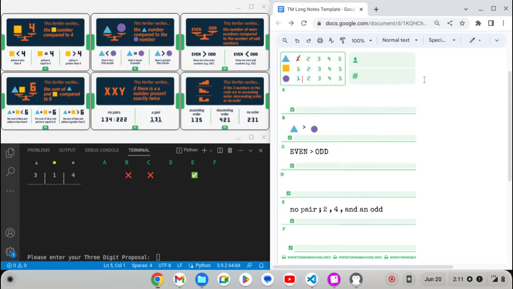And similarly, circle can't be 5. If 5 is the biggest, well, there's nothing bigger than 5 that triangle could be. So it looks like we can only eliminate those 2 possibilities. And of course, we do know that there's a 2, 4, and an odd. Well, that does it for this round. So we've already done our 3 tests.